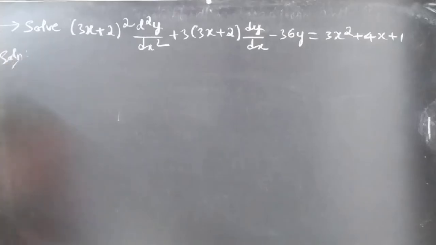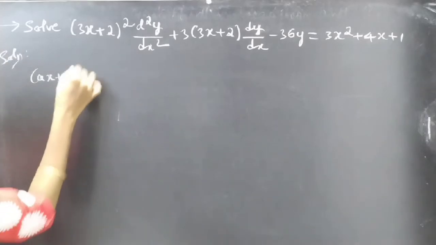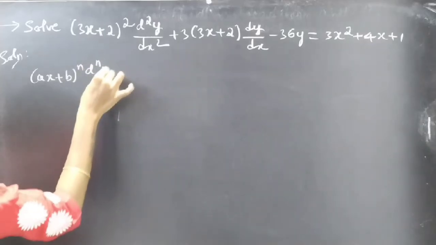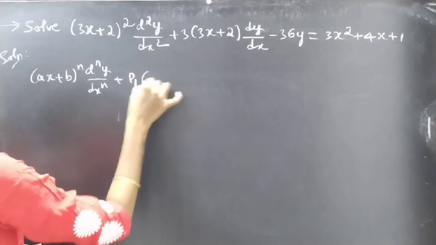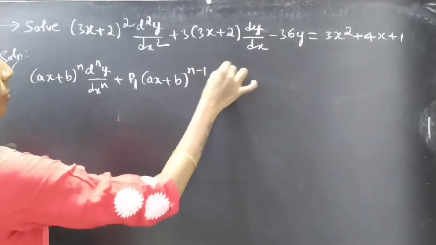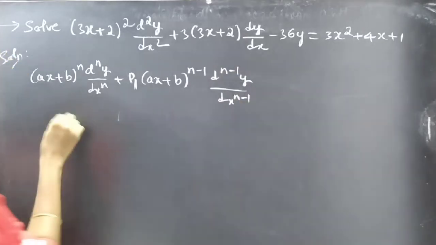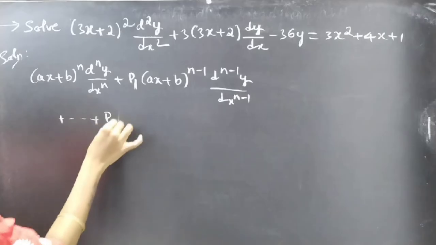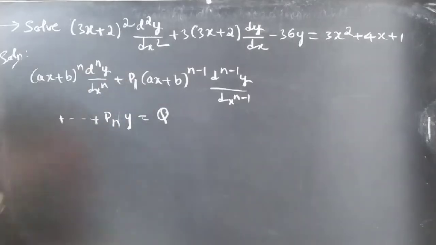So we are given a differential equation of the form (ax+b)^n d^n y/dx^n + p1 (ax+b)^(n−1) d^(n−1) y/dx^(n−1) + and so on + pn y = some function of x.